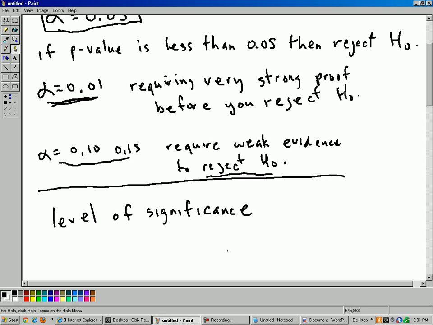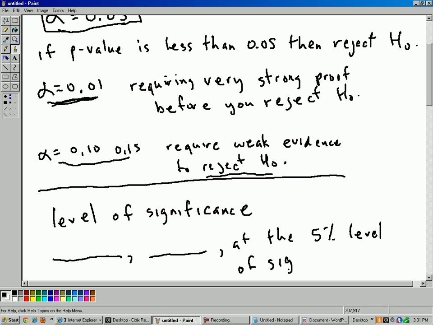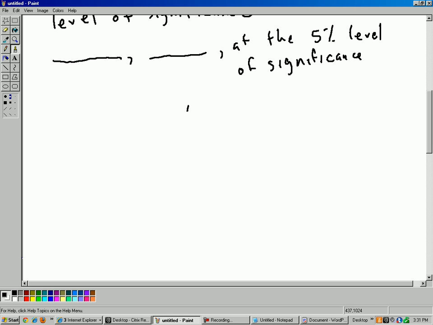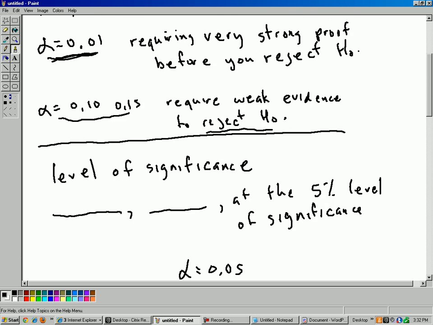And so the question will say something like, is there evidence of blah, blah, blah, at the, let's say, 5% level of significance? That's just telling you to let your alpha be equal to 0.05. That's all that phrase, level of significance, is talking about. And that is it for your alpha.